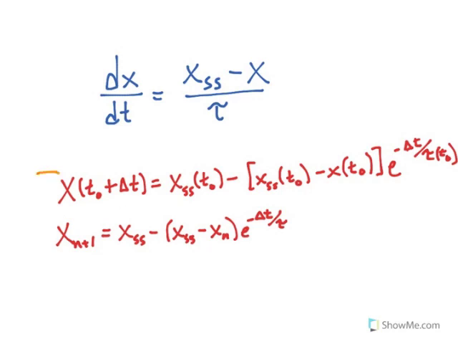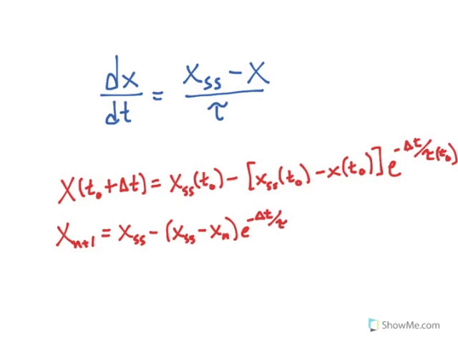I've written how this is done in two different notations here. I think this is the notation I mentioned previously when we talked about numerically solving for a passive neuronal membrane with a noisy current input. This is perhaps a more verbose way of saying the same thing. Essentially, we're looking at a particular point in time, t0, the current state of the system. And what we want to know is what x will be at some point in the future, t0 plus delta t.